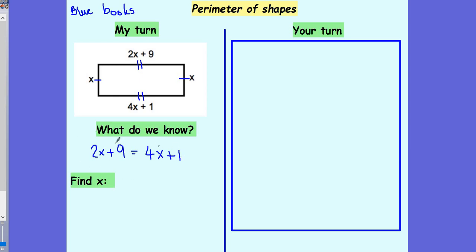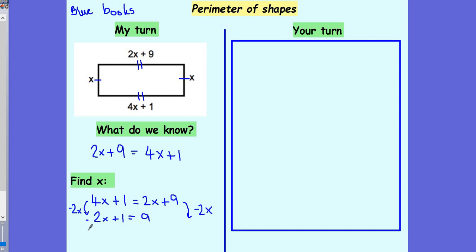And we can solve equations that look a little bit like this because we've been doing this in the last few lessons. I'm going to put my higher value of x on the left-hand side. I'm going to subtract 2x from both sides of my equation so that I'm just left with x on one side. This gives me 2x plus 1 equals 9.